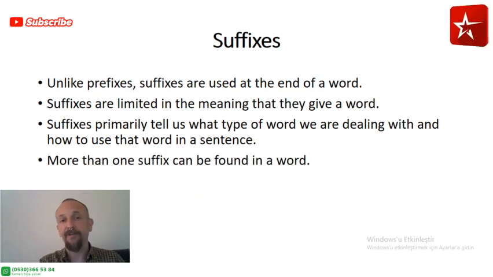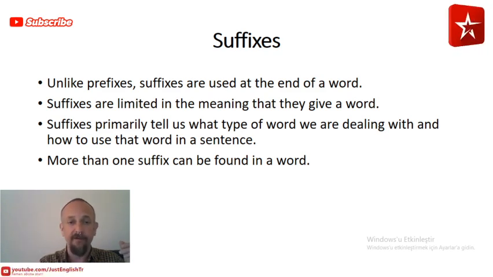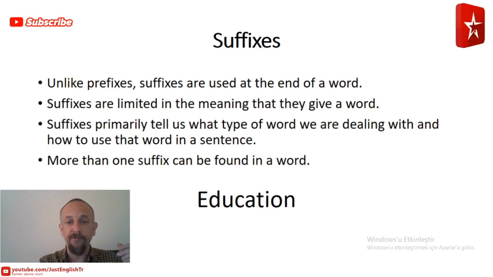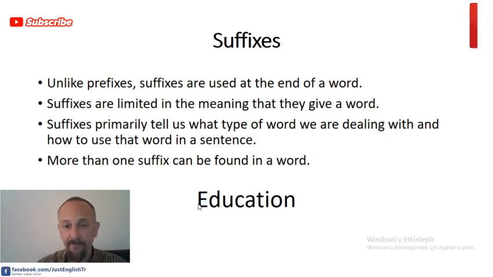And just like prefixes, we can have more than one suffix in a word. And I think I'll finish with this, and then we'll have a break time. So if we have a look at the word education, we saw last week, we had this meaning to or through, and then we have duc, from ducere or ducere in later Latin, meaning to lead.